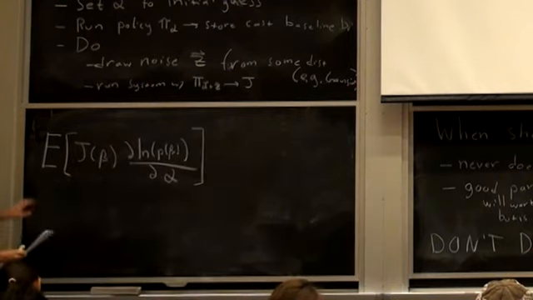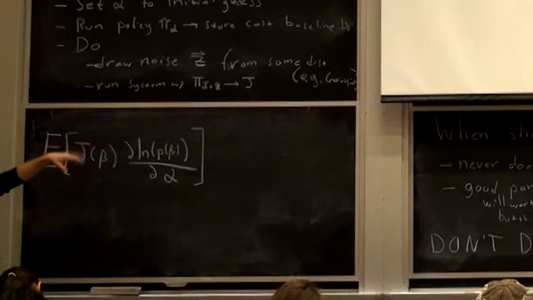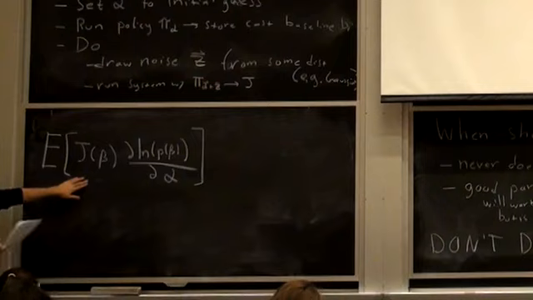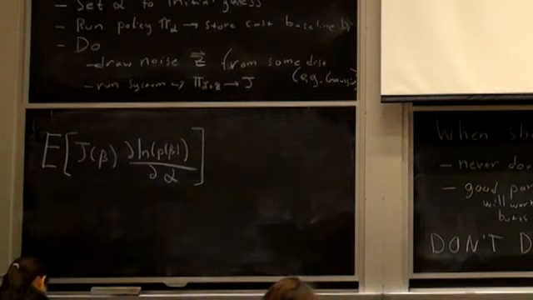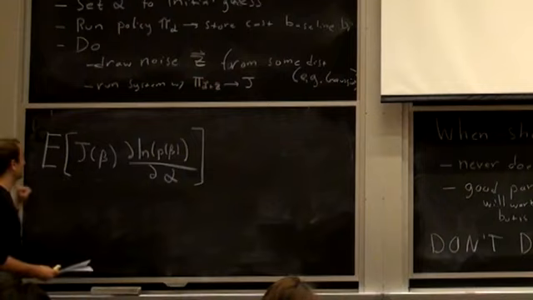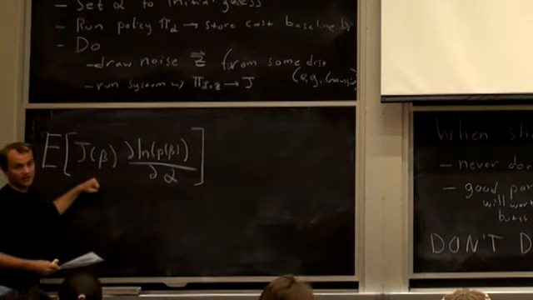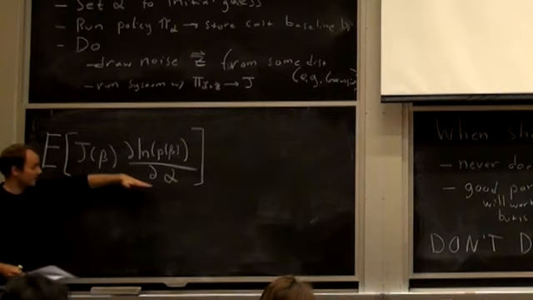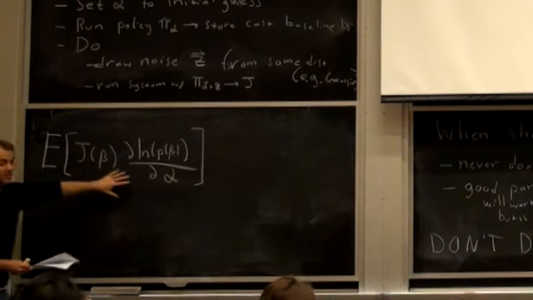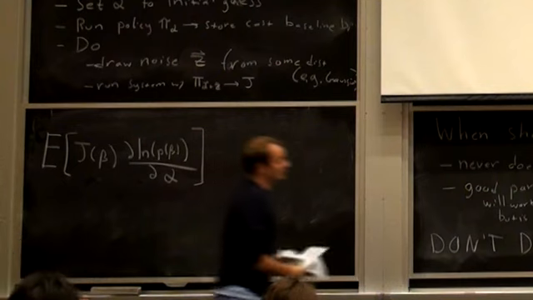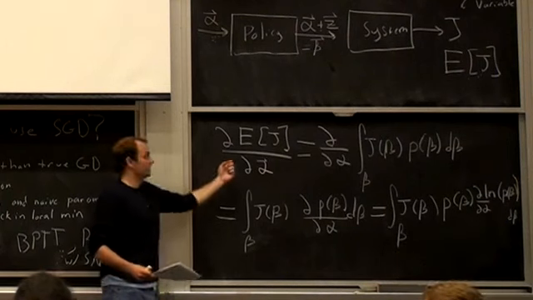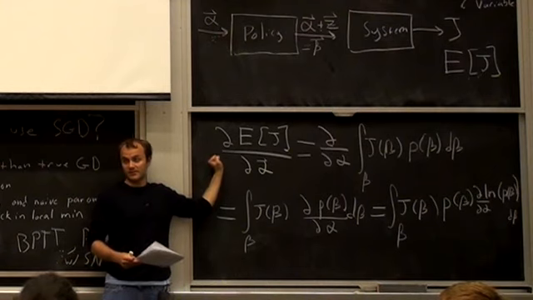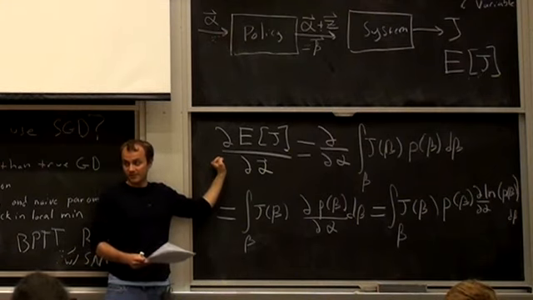Because we're integrating over all beta, probability of beta, that's the expected value of this. That means that if we can make this our update, then the expected value of our update is equal to the derivative of the expected value of our performance with respect to our policy parameterization. Do you see?